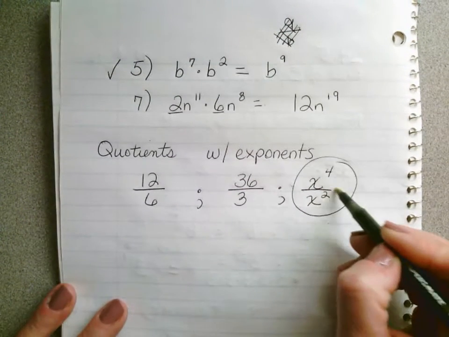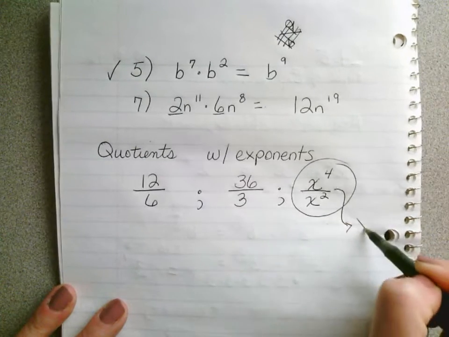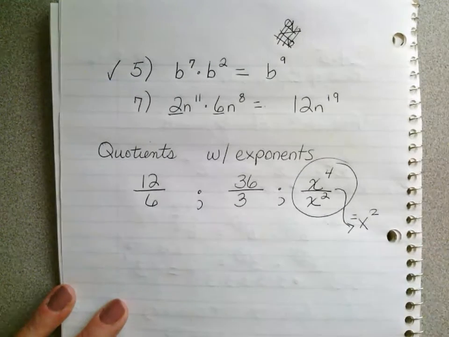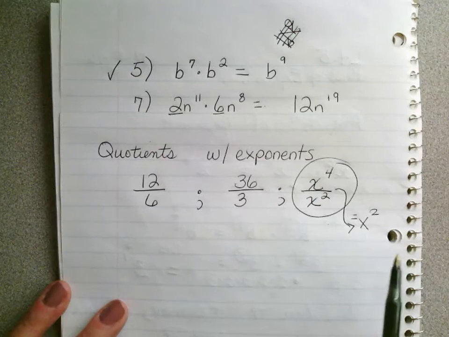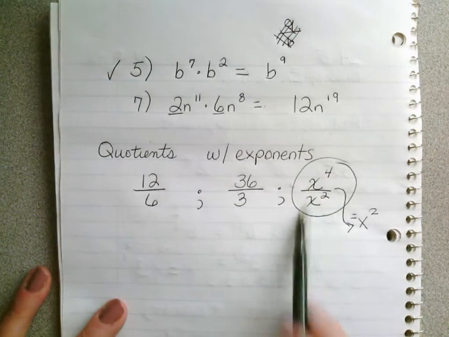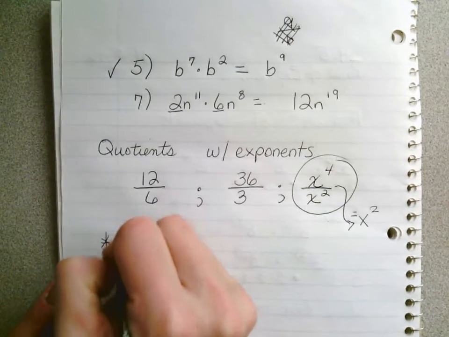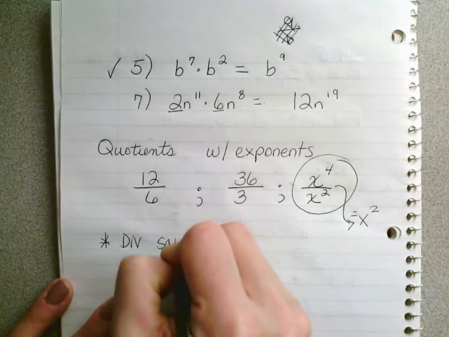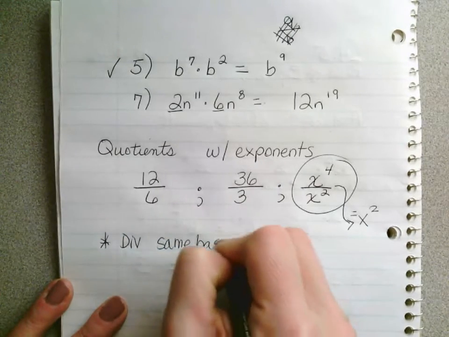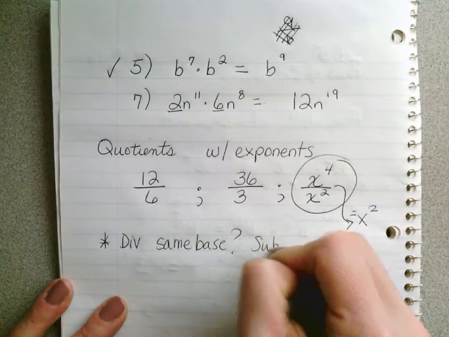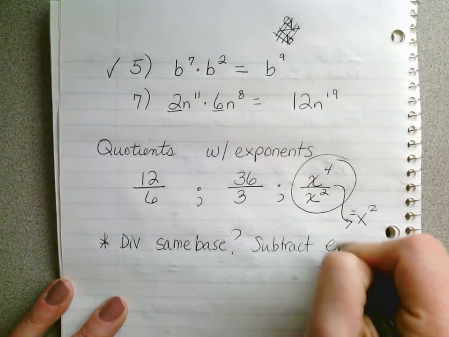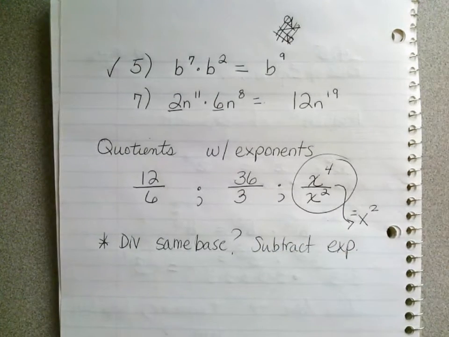So the answer for this would be what? X squared? Okay? So when you are dividing with the same base, you subtract your exponents. Let's try a few of those and see what that feels like.